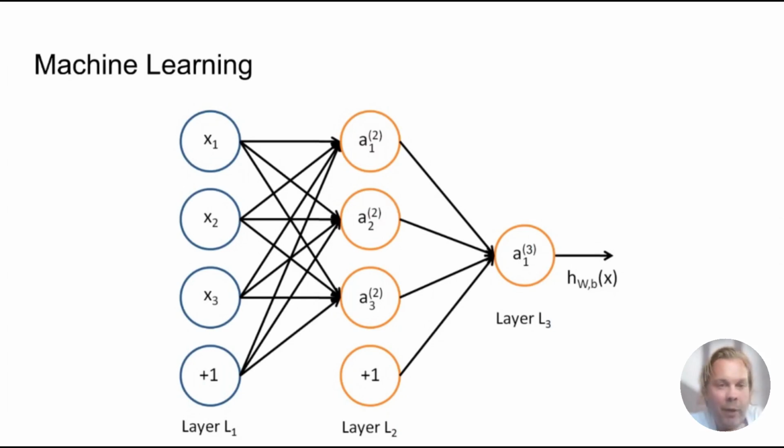Imagine you want to predict something, whatever it is, the height of a person, given some attributes. So x1, x2, x3, and so on are attributes that come into the model. That could be sex, age, and so forth.